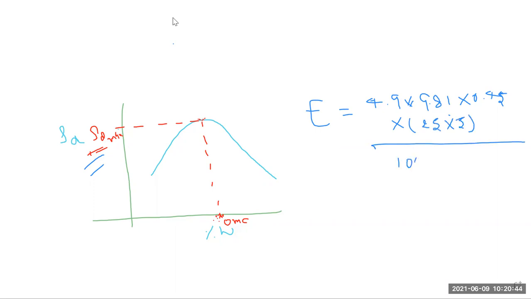Also volume is 1000 cc, so here 10 to the power minus 6. Now calculate this value.